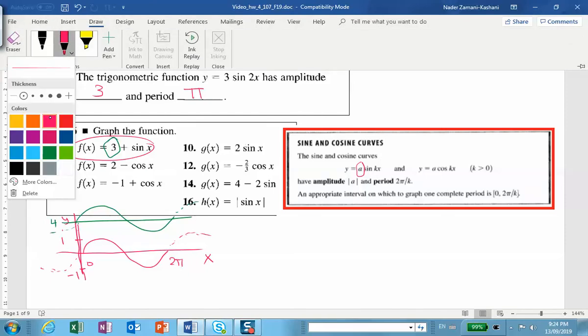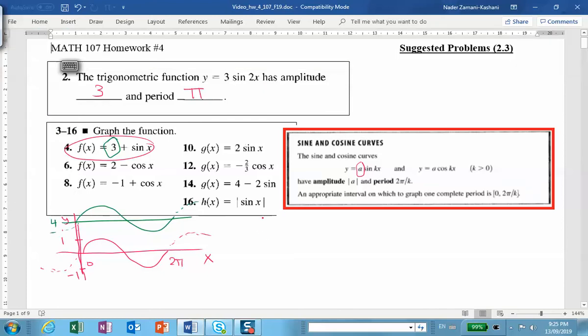Problem number 6. First of all, you see a negative cosine of x. So you draw the cosine and then reflect it with respect to the x-axis.